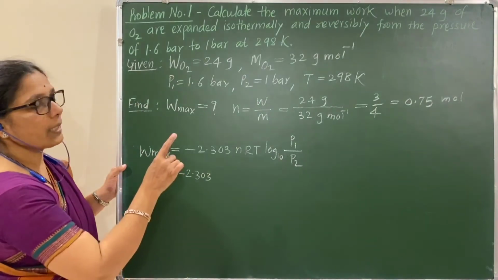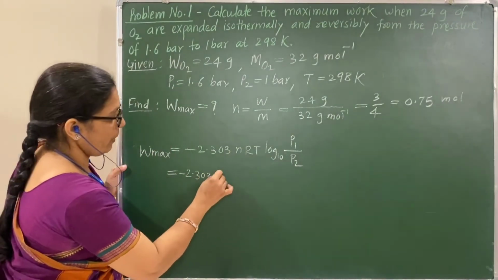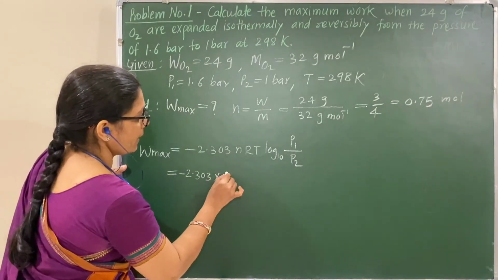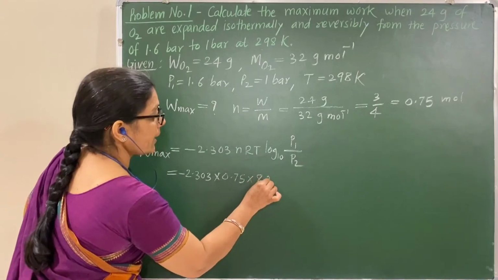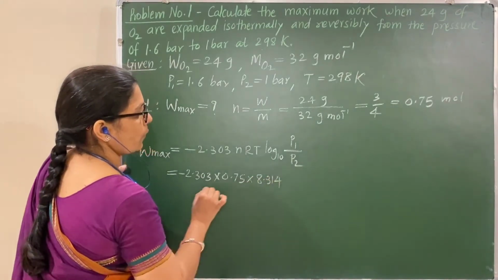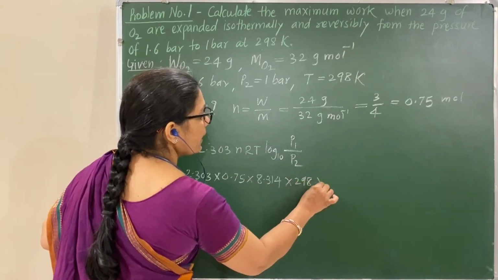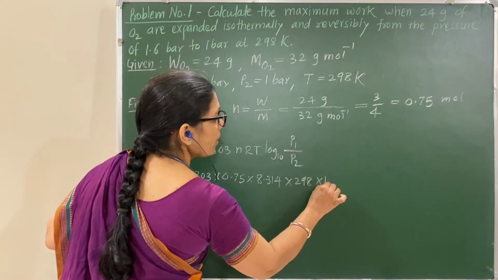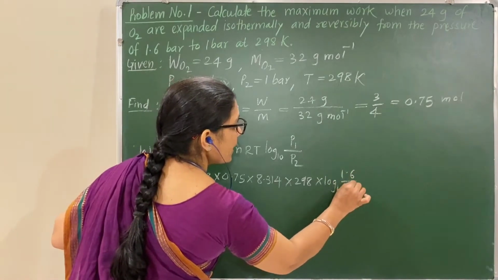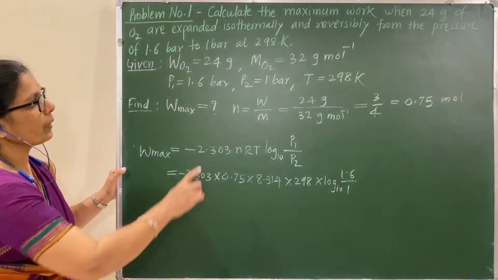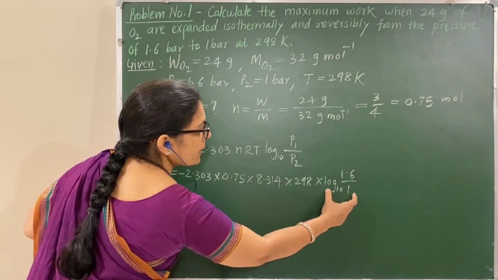Yes, am I right? Next, the number of moles 0.75 into R given in the exam 8.314 into T 298, then log 1.6 divided by 1. P1 is 1.6. Now first find the log of this one.